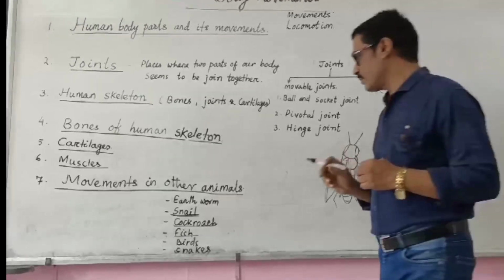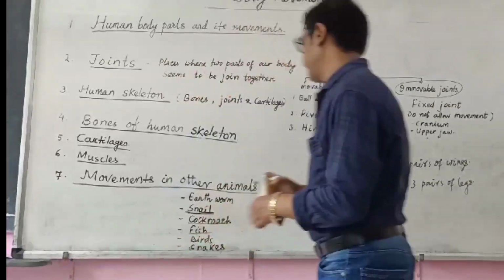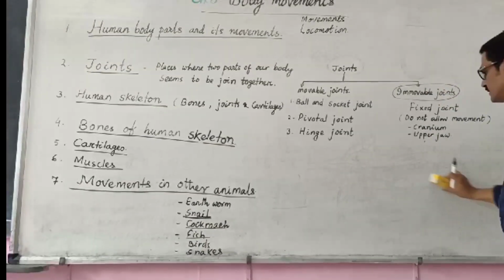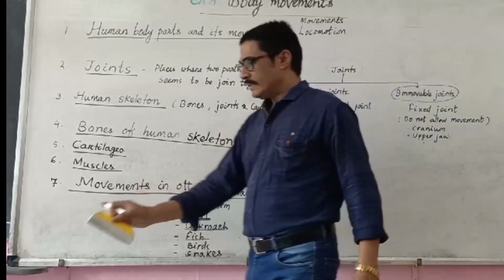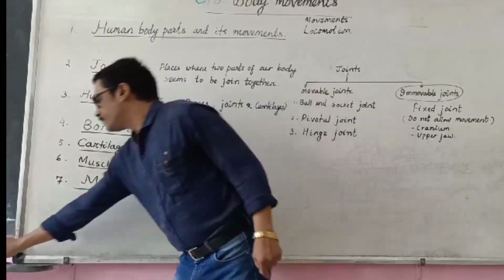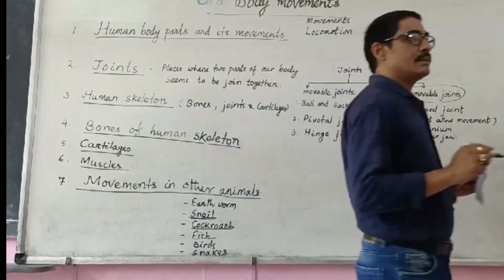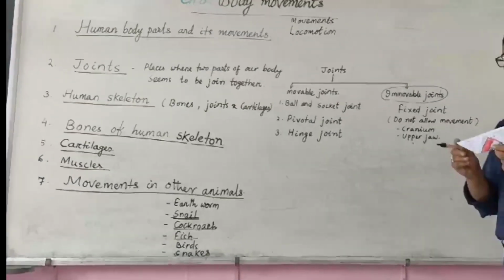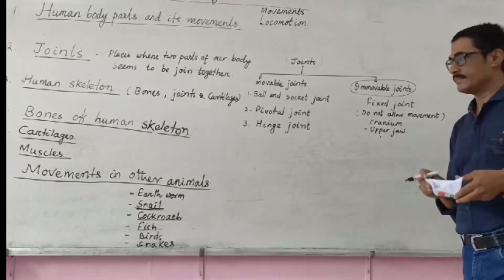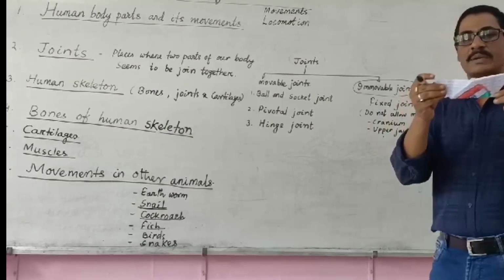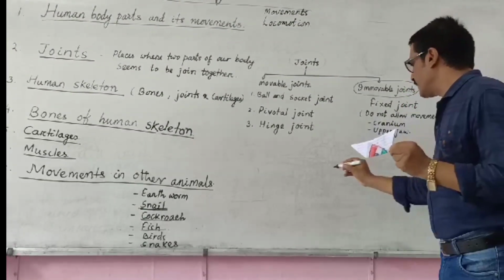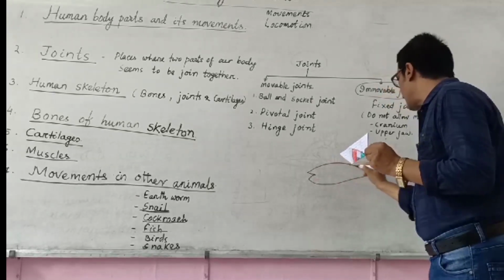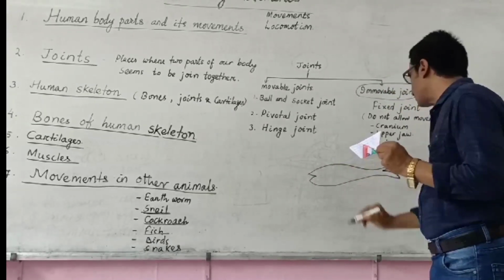Now let us discuss the movement in fish. You know, fish swim in water. Have you observed the structure of the fish? Is it like the structure of a boat? That means the two ends of the fish are tapering like that of a boat.